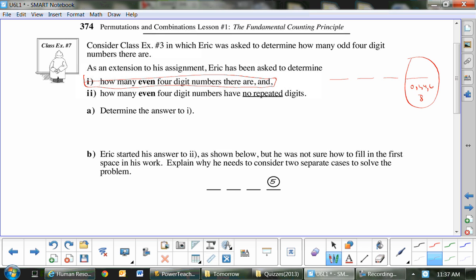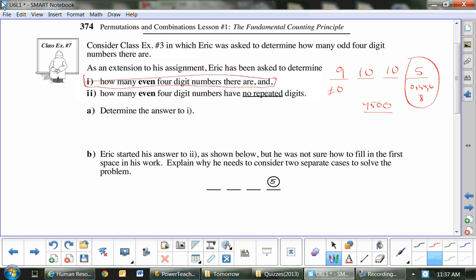So I have 5 choices. For the first number, 10, 9, or 8? It would be 9, because the only restriction is it cannot equal 0. For the next digit, look at the question, it's 10 and 10. So there are 4,500 different numbers.